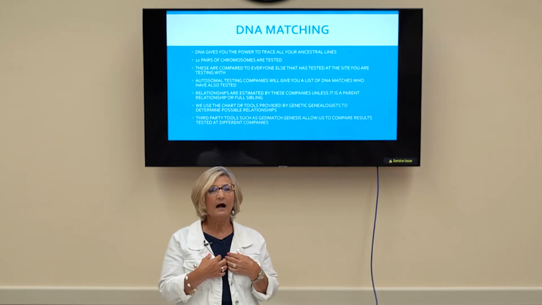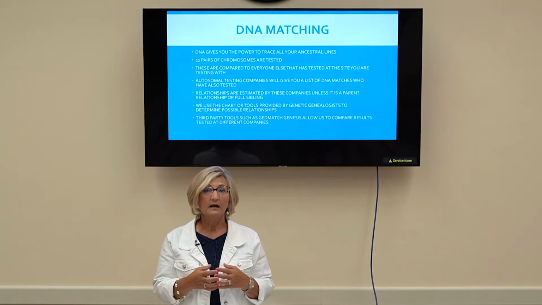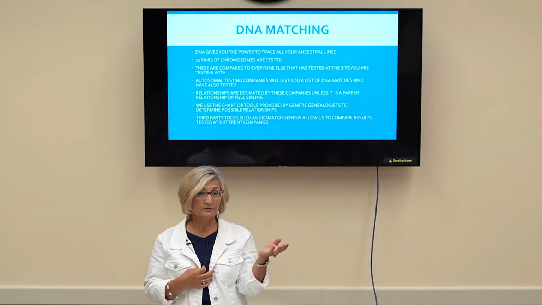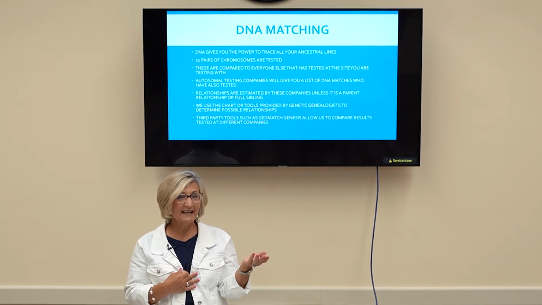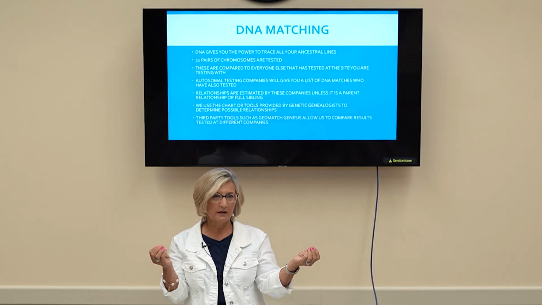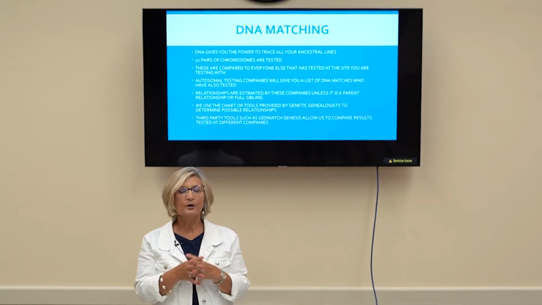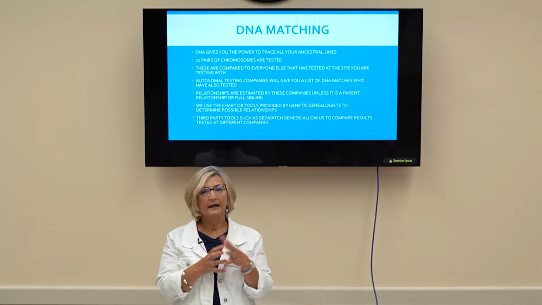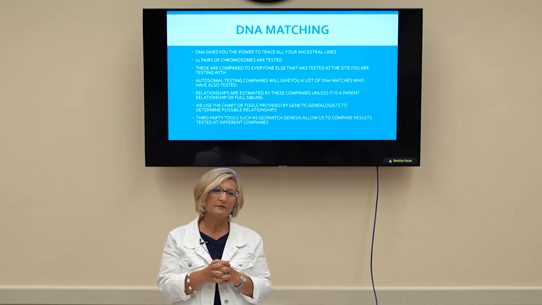So ideally, when I did this, my mother had passed away, but she had a brother who was living, and so I asked my uncle to DNA test because I wanted to be able to separate my maternal and paternal sides. During this process, I found a half-brother. My dad had another child, and my half-brother DNA matches my mama's brother.